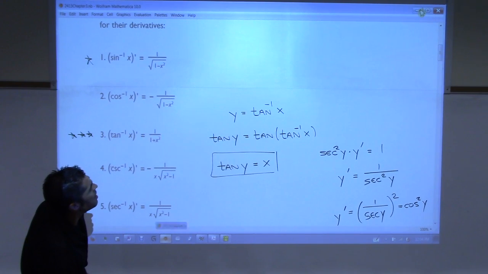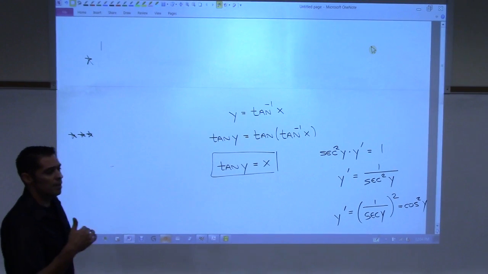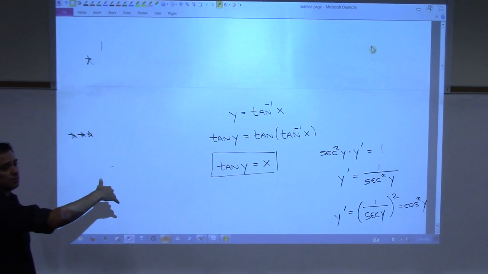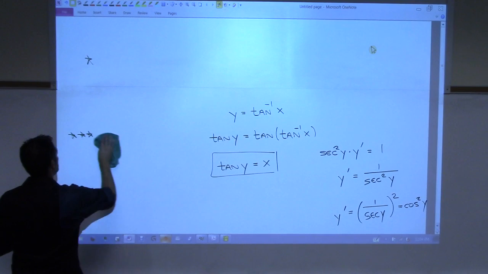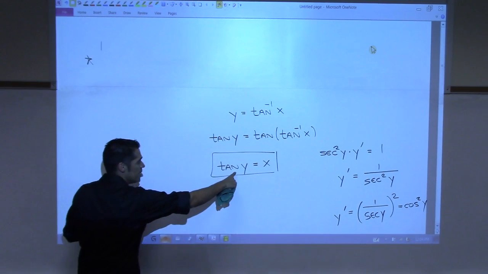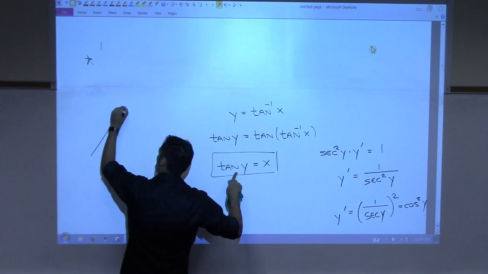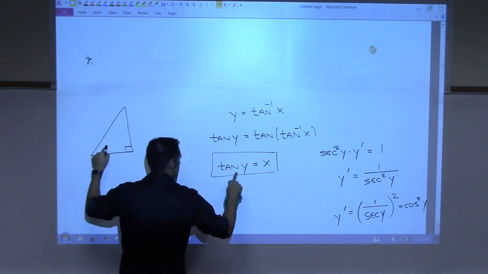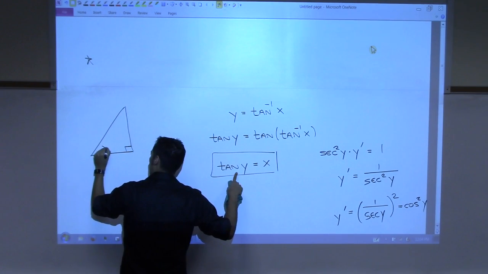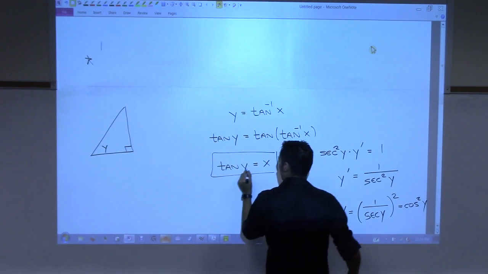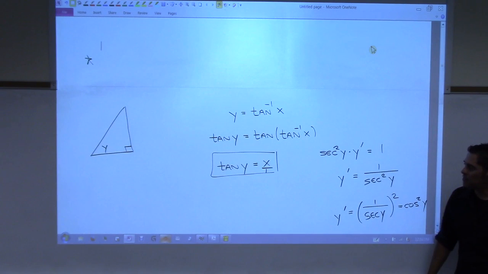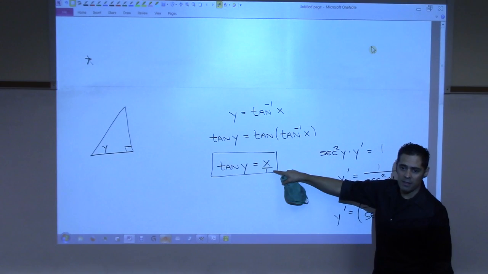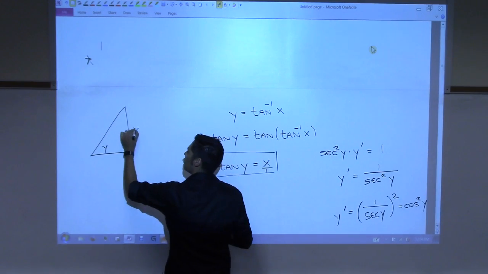So cosine is adjacent over hypotenuse, but we get our triangle from this. So I'm going to draw a right triangle. What do I call the angle? That's y. And then tangent of y is a fraction, x over 1, which means my opposite side is x and my adjacent side is 1.